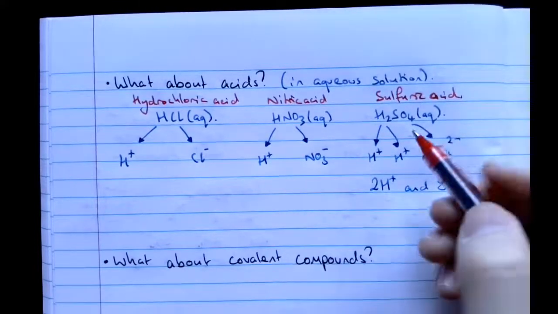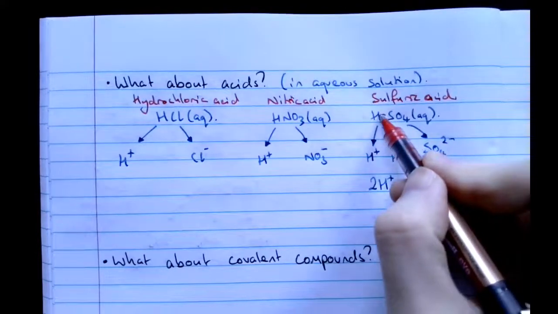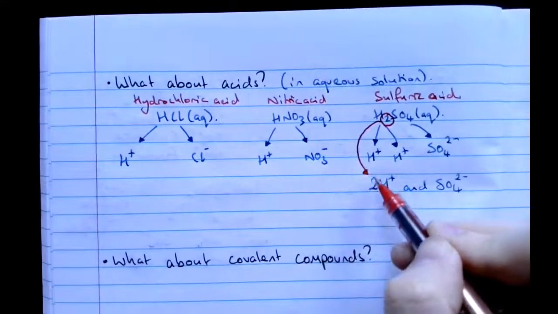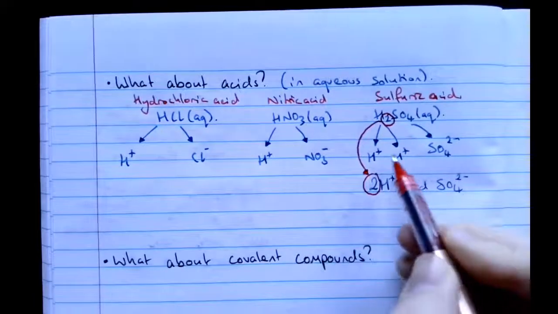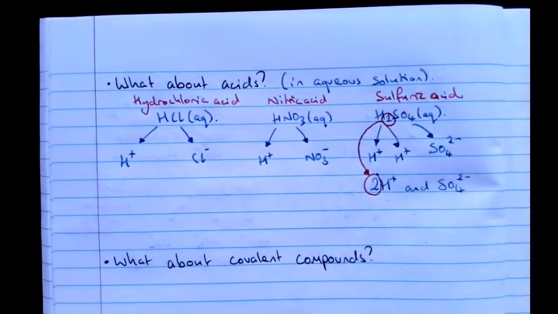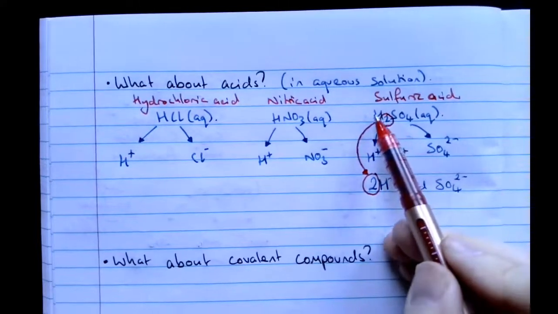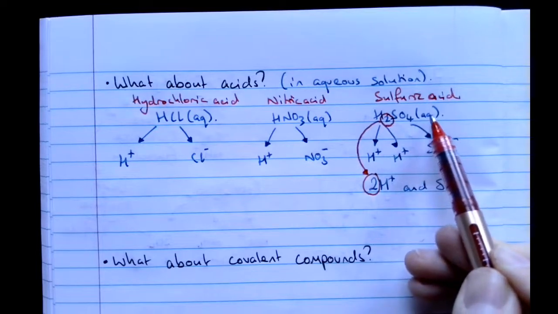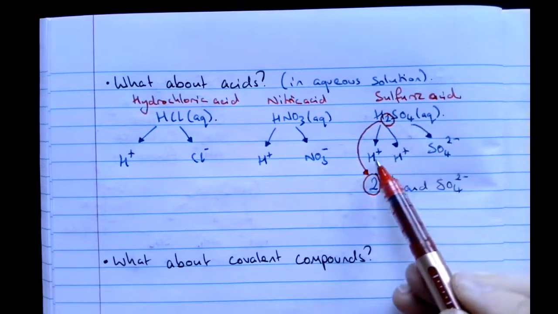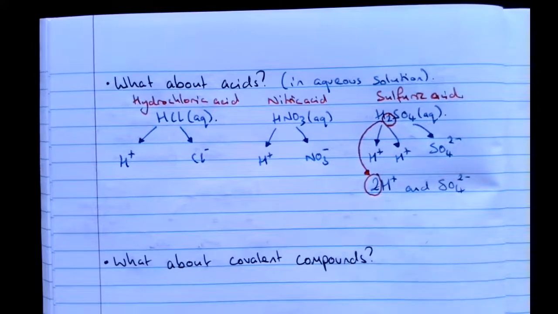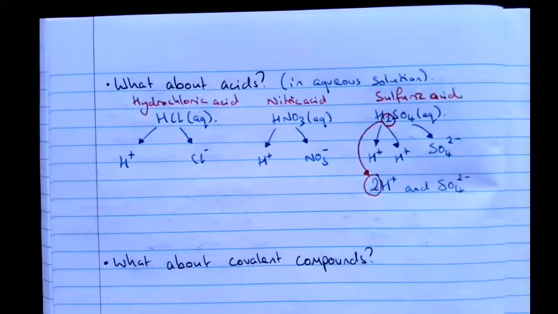So again, we see that this 2 here becomes a 2 in front of the H plus because I've got 2 of those H pluses. All right. So even though I've got 2 hydrogens in my sulfuric acid molecule, when I dissolve it in water and it separates into ions, I get 2 H plus ions. So I have a big 2 in front now. Okay, so pause the video there, copy those down into your book.